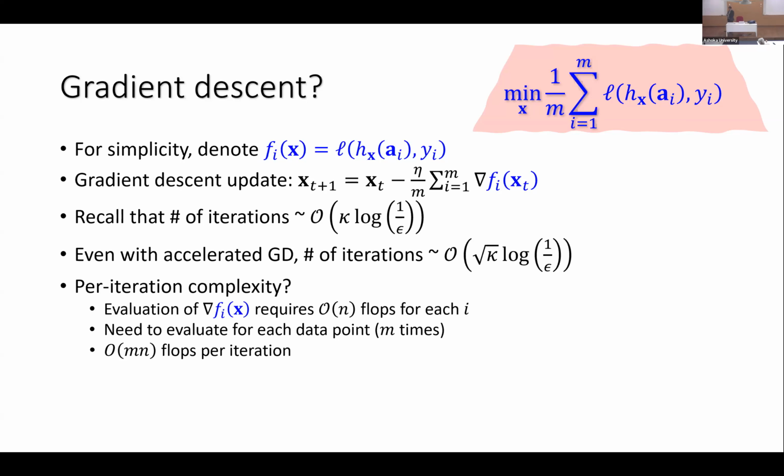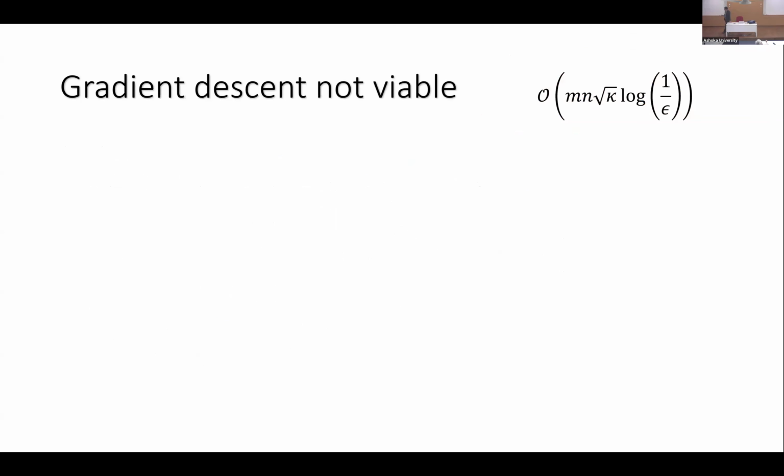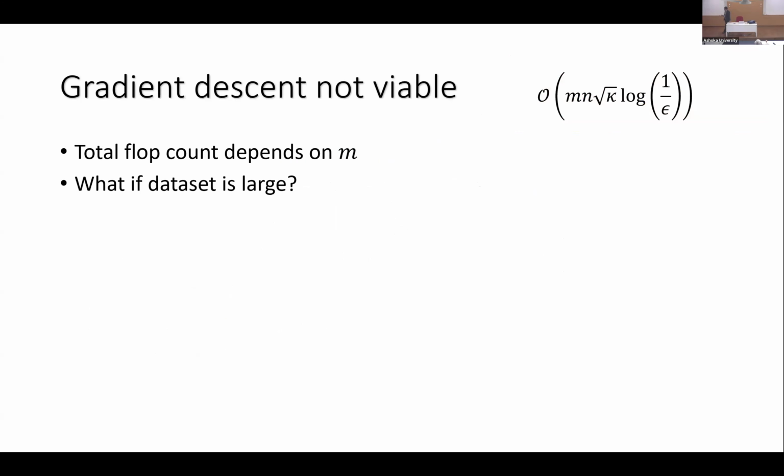So I want to reduce that. I want to remove m from here, remove this mn and get to n. So gradient descent is, I would say, not viable if m is very large, right?